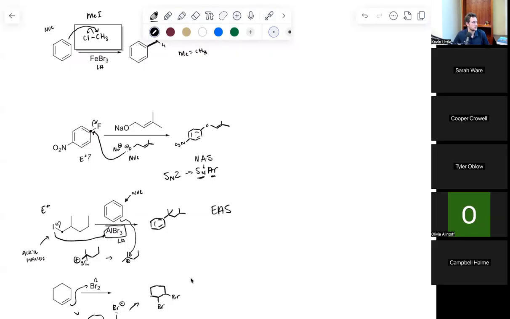I'd be shocked if there were more than 5 100s on this exam, but I do want to see a bunch of 70, 80, 90s of people who are starting to get it, of people who are starting to see the trends, starting to be able to say, hey, this is a nucleophile, this is an electrophile. There's going to be a bond between these two spots, almost certainly.